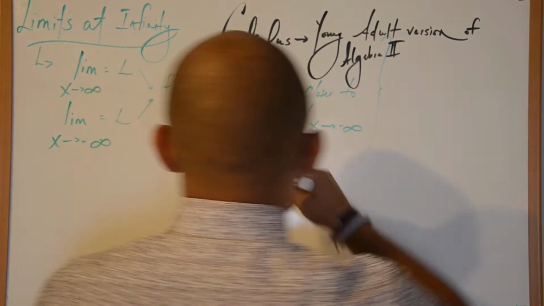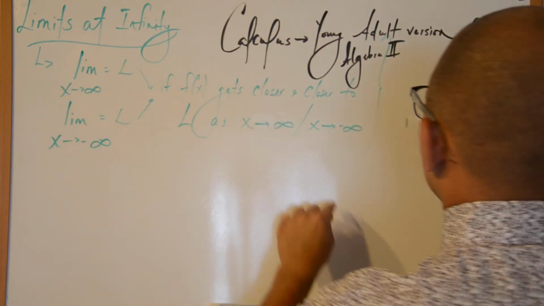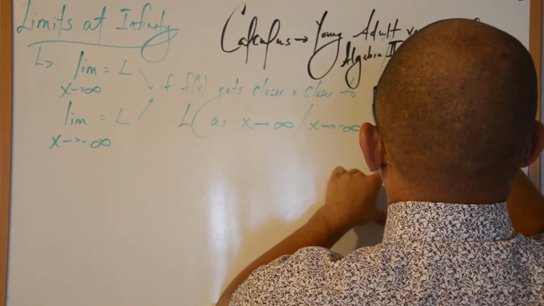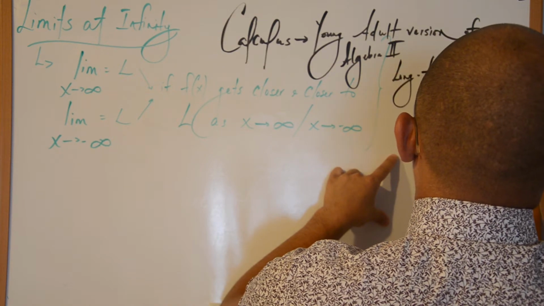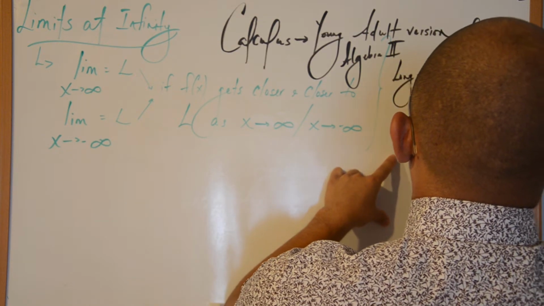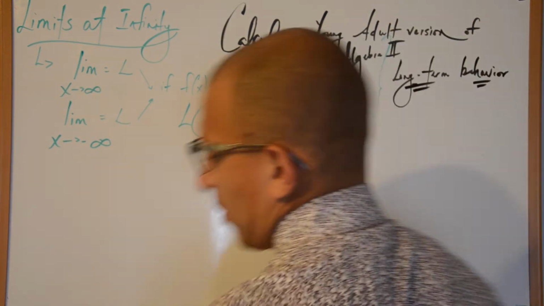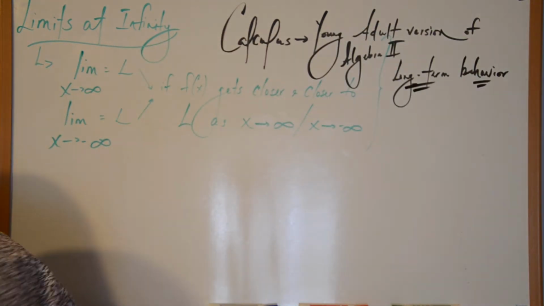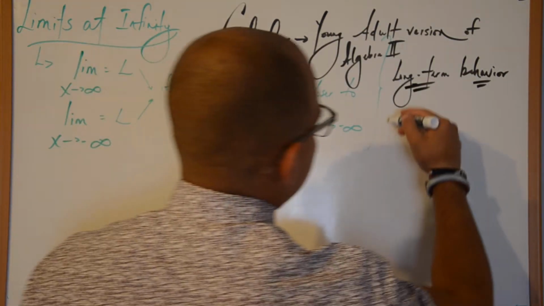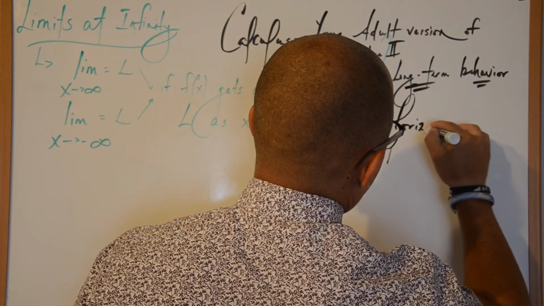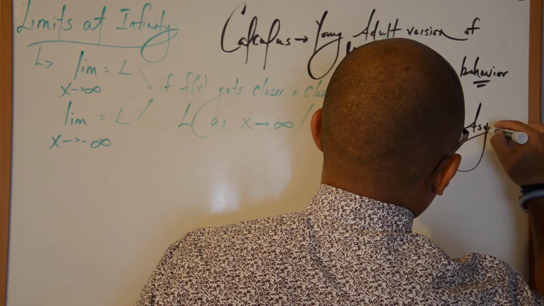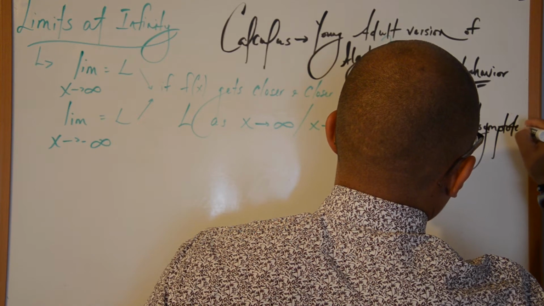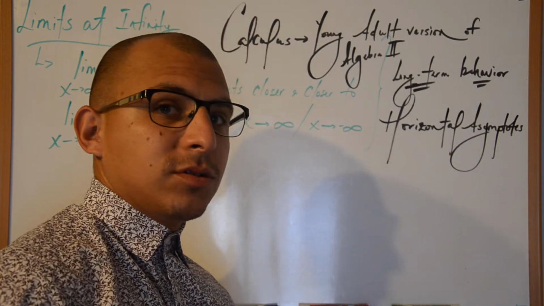We call this exploration in calculus the long-term behavior of a function, which is nothing more than the horizontal asymptotes.